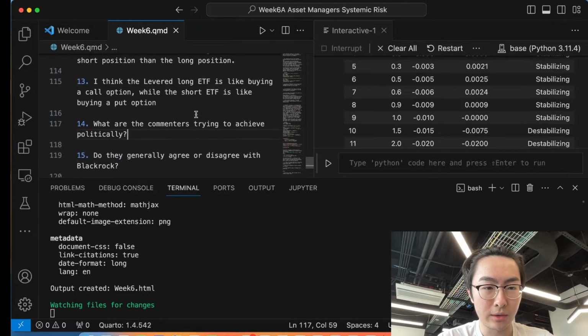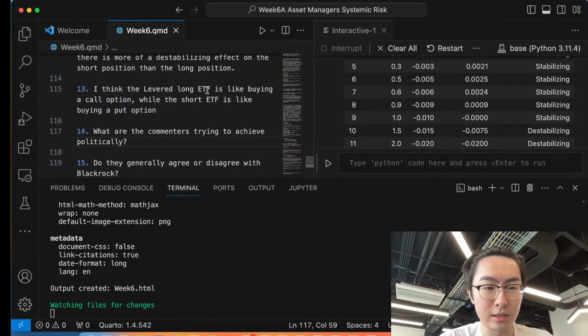So in that way, the levered long ETF is like buying a call option where your profit is essentially unlimited, and you're also leveraging up on the underlying stocks in the ETF.